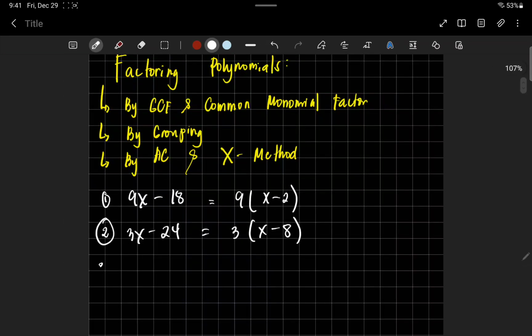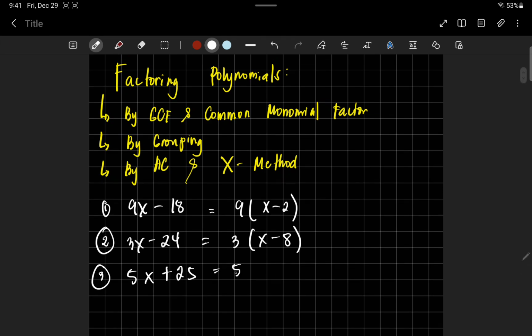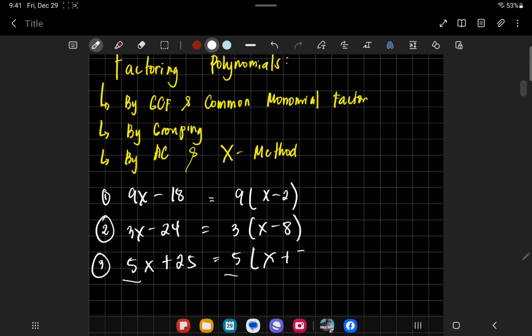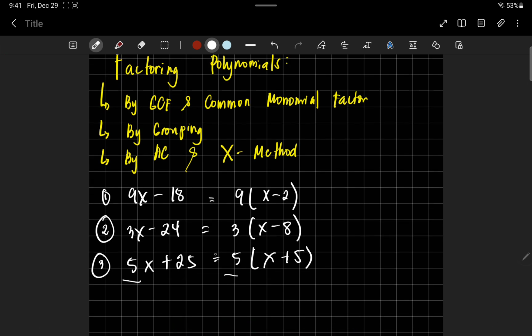Another one, if we have 5x plus 25, what is the common factor between 5x and 25? That is 5. And 5x divided by 5 is x. And 25 divided by 5 is 5. And the factored form of 5x plus 25 is equal to 5 times x plus 5.